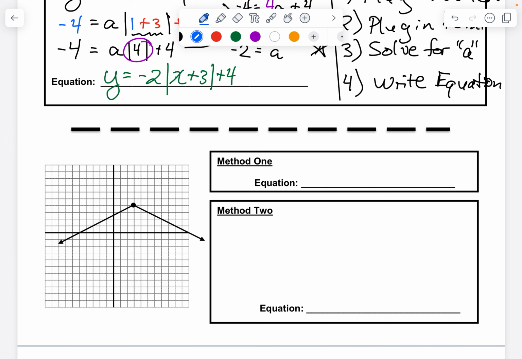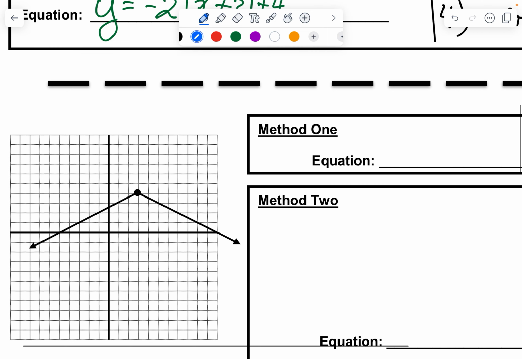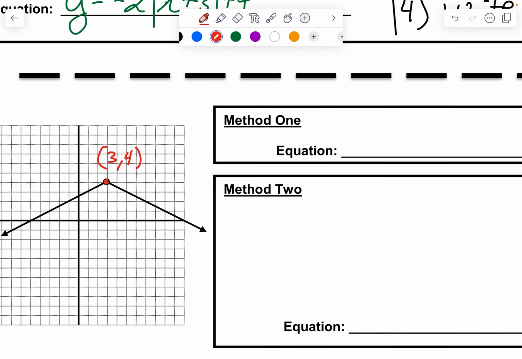Now, one of the ways you really learned in the last week or so. Do you realize that you can just look at this graph and come up with the important components? Perhaps still the most important component is this vertex. That vertex is going to be at (3, 4). Once I have that vertex, I'll be able to fill that in for h and k.